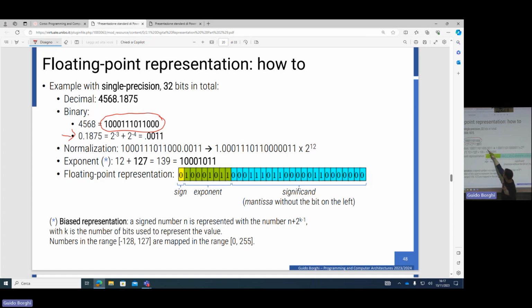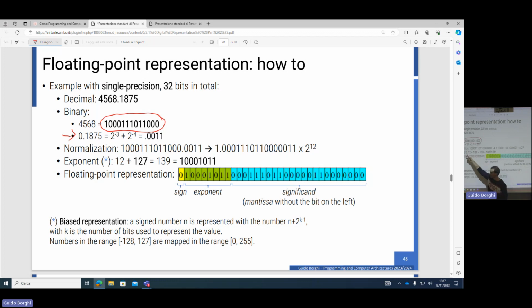If you count 1, 2, 3, 4, 5, up to 12, we use as exponent the number 12. It's very similar to the scientific notation that you use in the decimal positional representation. And then the last step is to compute the exponent.